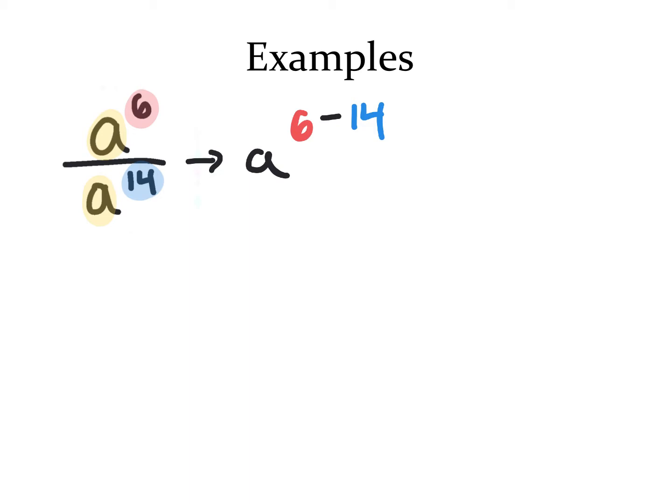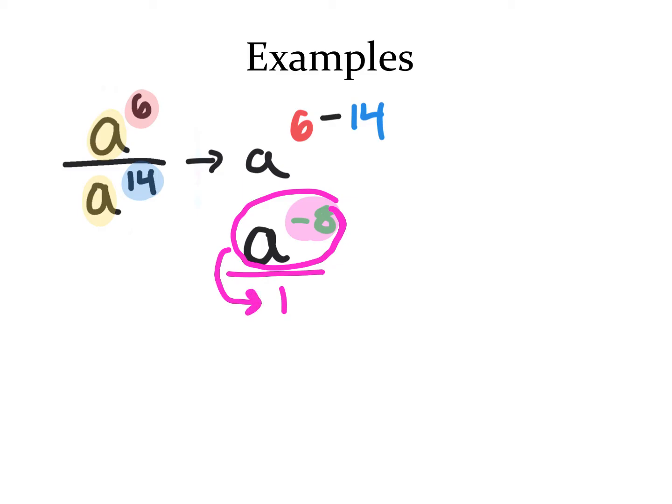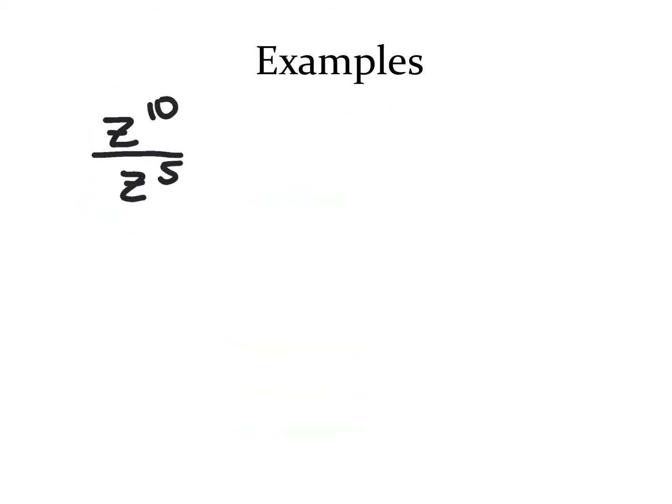Now when I simplify, 6 minus 14 gives me a value of a to the negative 8th. The last thing I have to deal with is, because I have a negative exponent with the negative 8, this means I have to rewrite this as a fraction and bring this whole expression to the denominator. So I have a to the 8th on the bottom with a 1 left on the top. So your answer is 1 over a to the 8th.